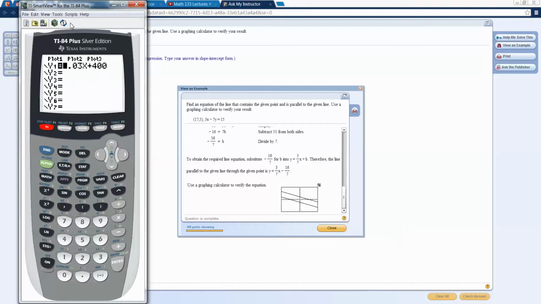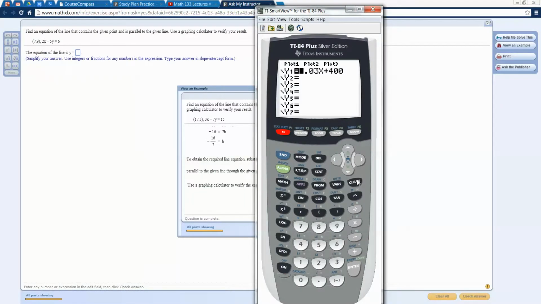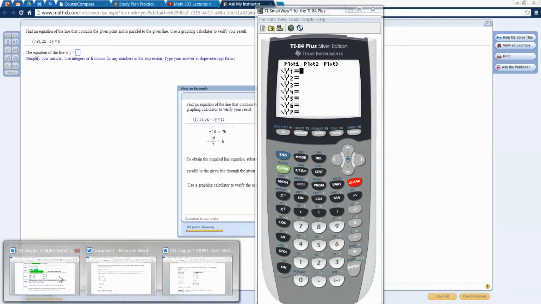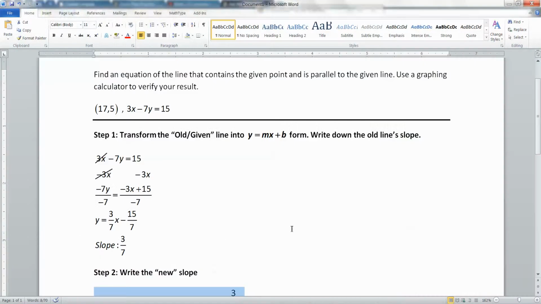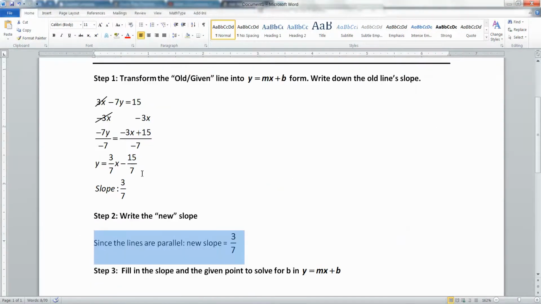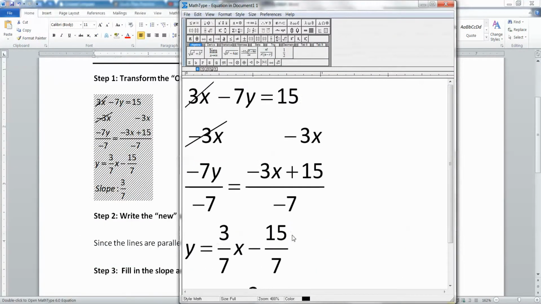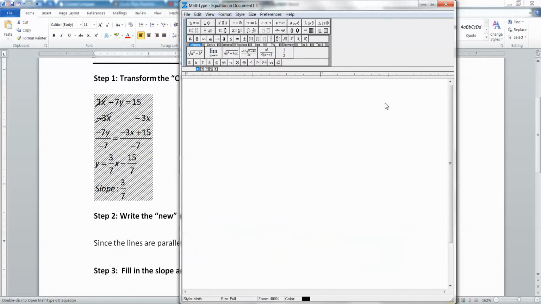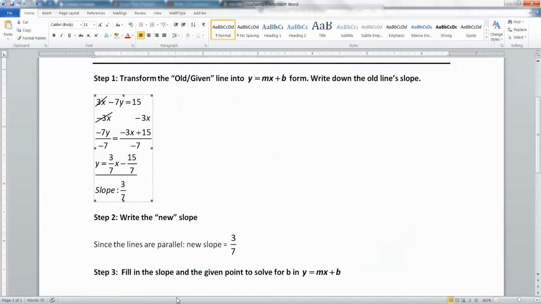So the original line that we were given, we found it to be y equals 3/7 x minus 15 over 7. That was our original given line, kind of our old line. So I could graph that.